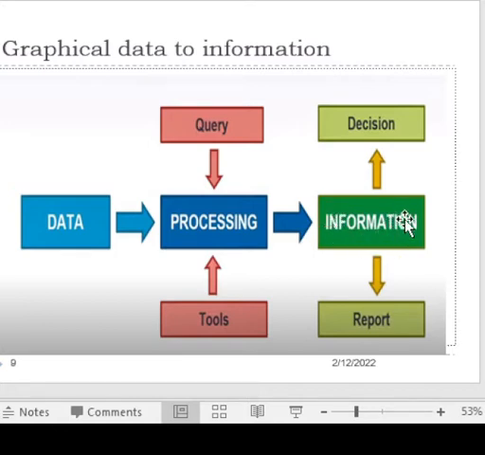Maybe we can use this information for decision purposes, to take some decision, or to get some kind of report. For example, students may take different kinds of courses.